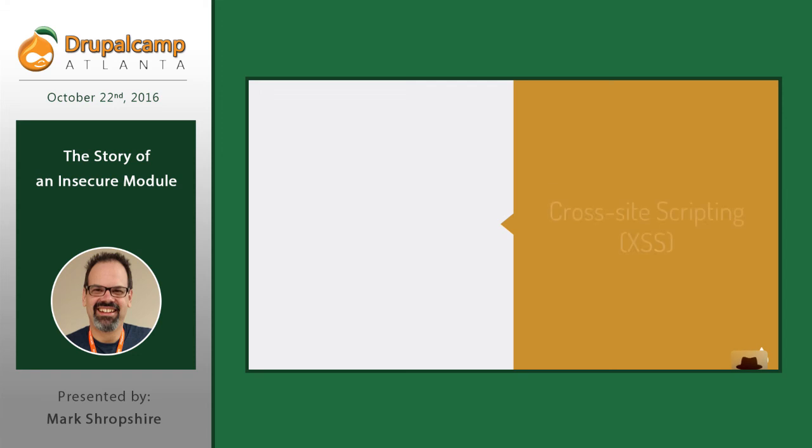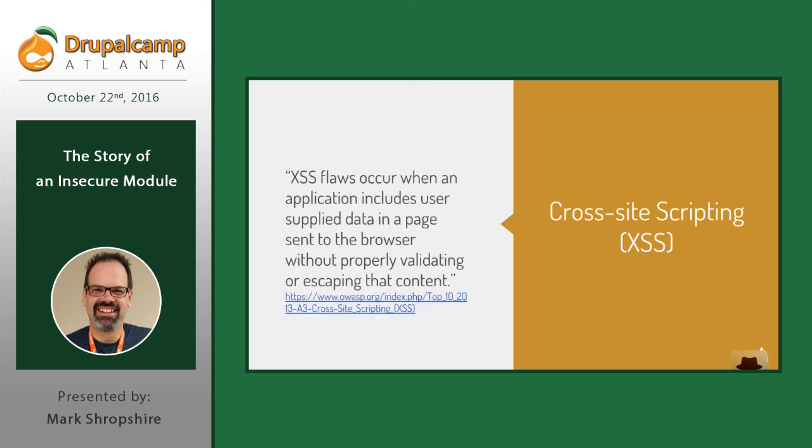Good point. Cross-site scripting. This is probably one of the more common issues we see with Drupal. This is a situation where, and we'll see some examples, you could basically run whatever JavaScript you want on a page. I mean, that's fun, right?